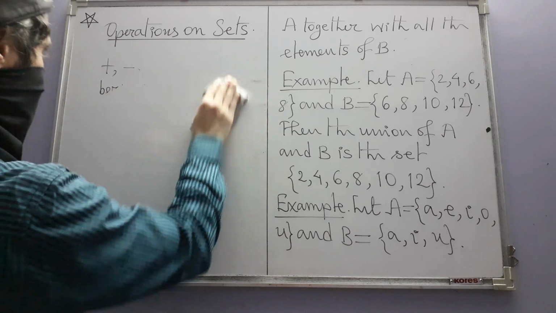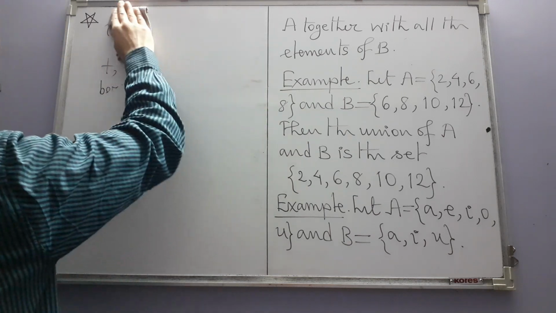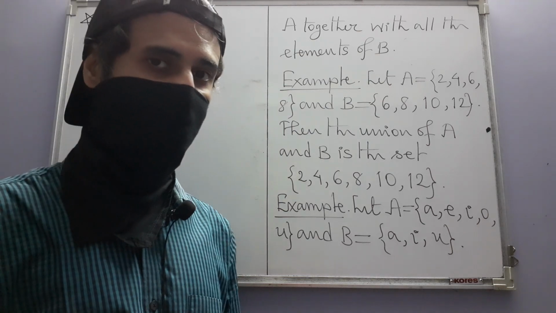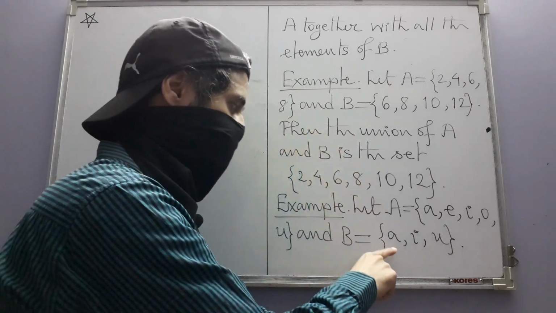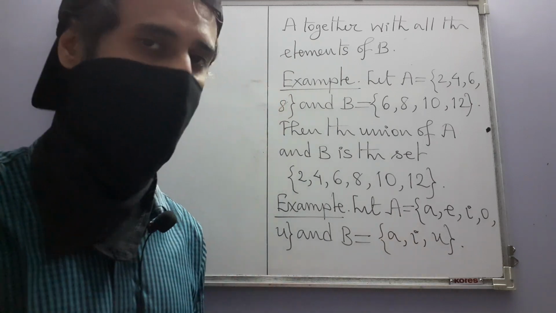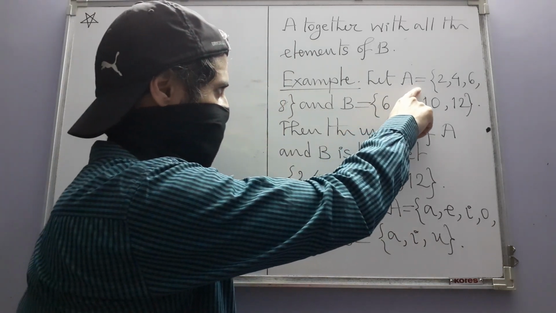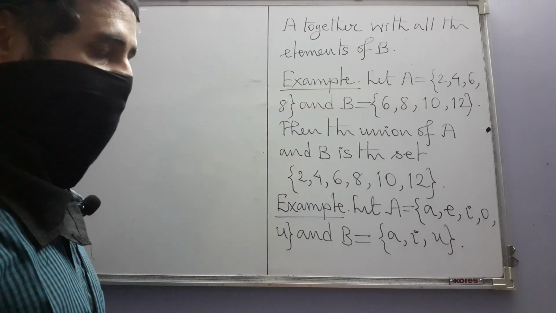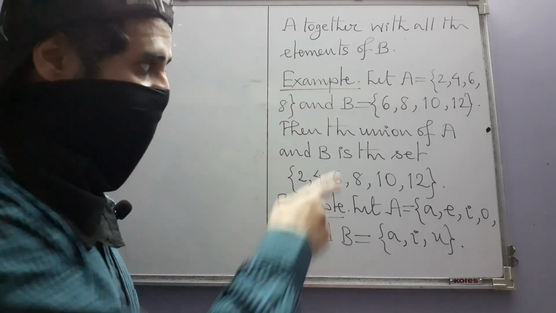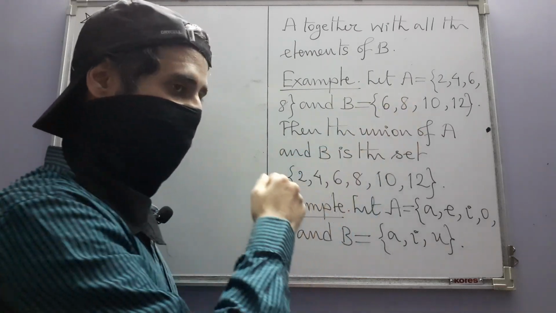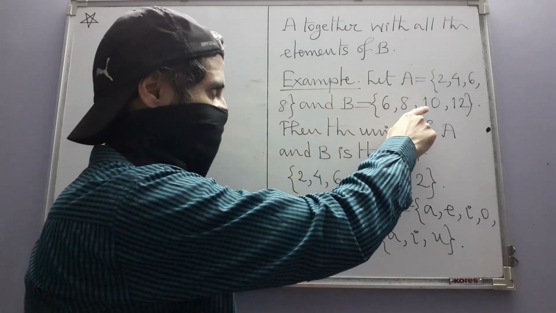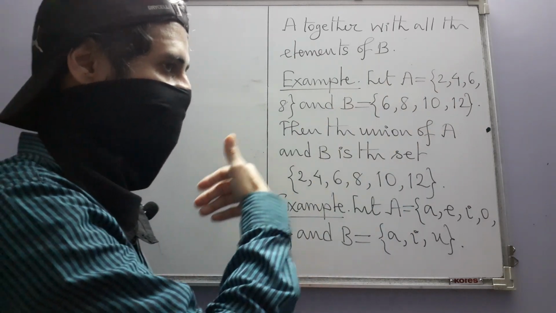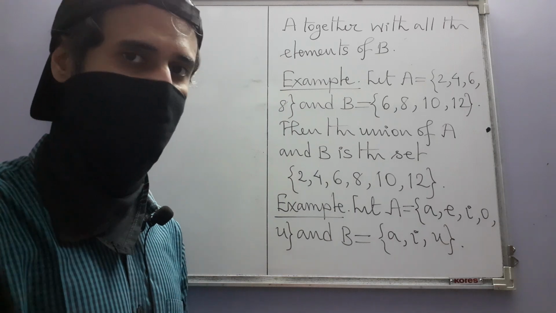So, what shall we get? If we collect all the elements of A together with all the elements of B, in this case, unlike the previous case, we do not get anything new from B. You see, in the previous case, we had 2, 4, 6 and 8 in A. And then when you consider the elements of B along with the elements of A, 6 and 8 were already present in A. But the new elements 10 and 12 came and increased the size of A. It became a larger set.